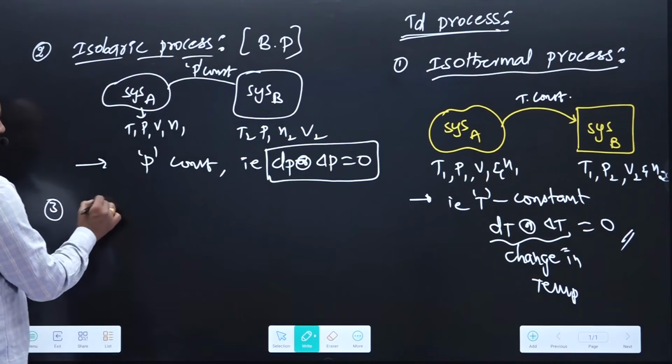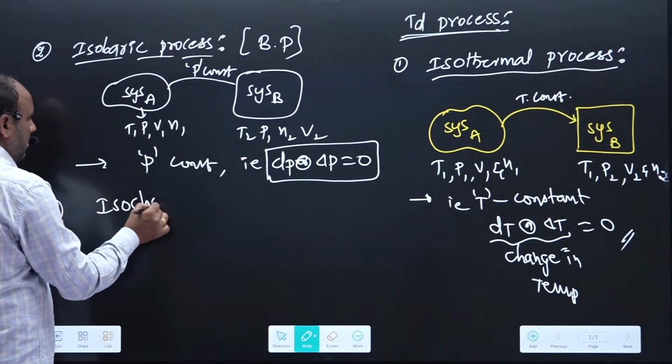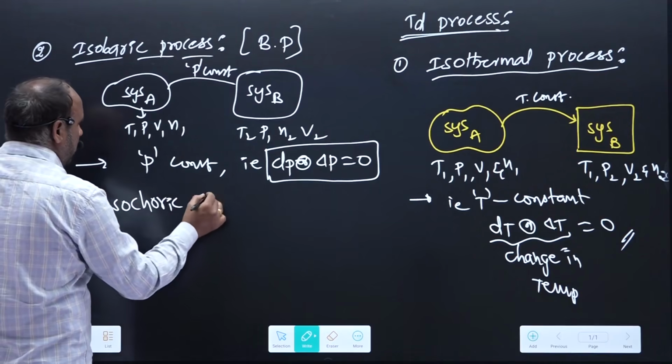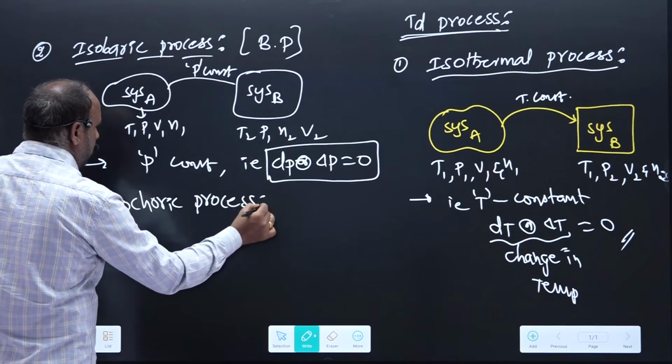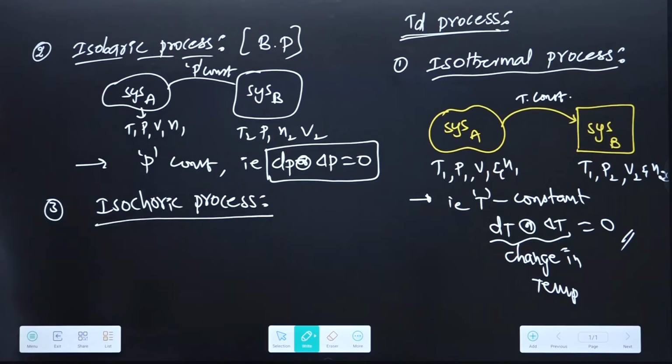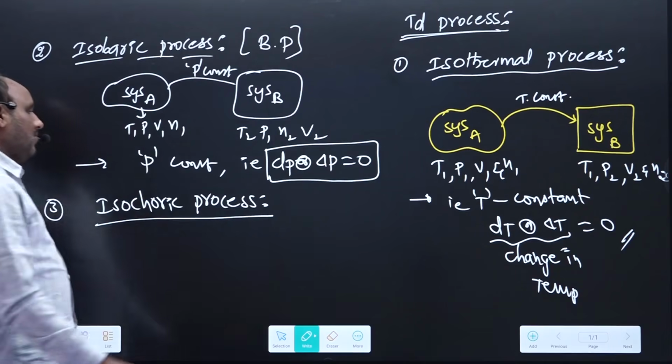Then the third one, isochoric process. Temperature is over, pressure is over. What about the remaining? Volume is kept constant.